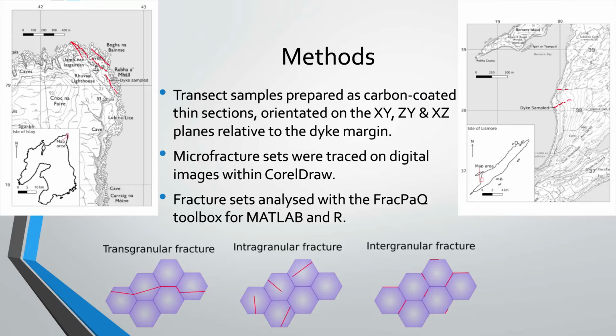For this study, we collected orientated samples at the Rubha Port an t-Seilich foreshore platform, Islay, and Lismore, in transects starting at the dyke contact margin outwards, perpendicular to the dyke margin, along with sampling the dyke's chilled margins and core.